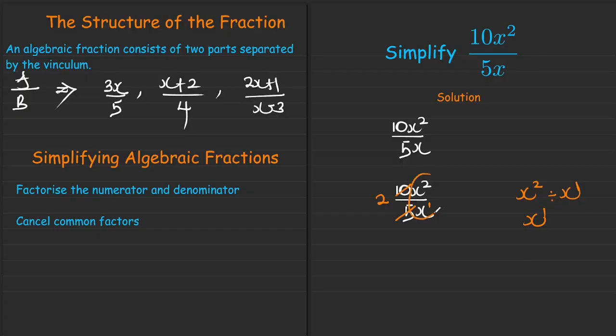Hence, we have 2, then x to the power 1 all over 1, because all of this will cancel out. So we can choose to omit the denominator, which is 1. And we can also choose to ignore that 1 we have here. Hence, 10x squared over 5x becomes 2x. That is its simplification. This one is very, very simple. Let's take some that you would need to actually simplify or factorize.